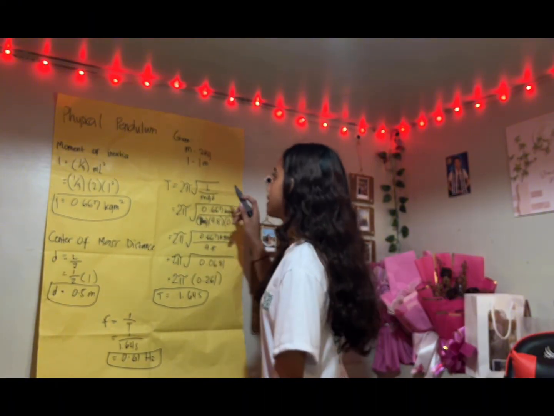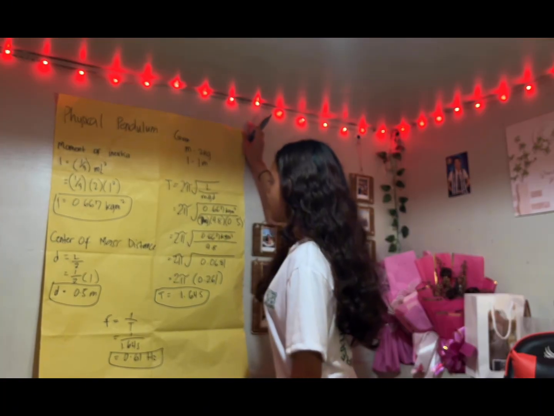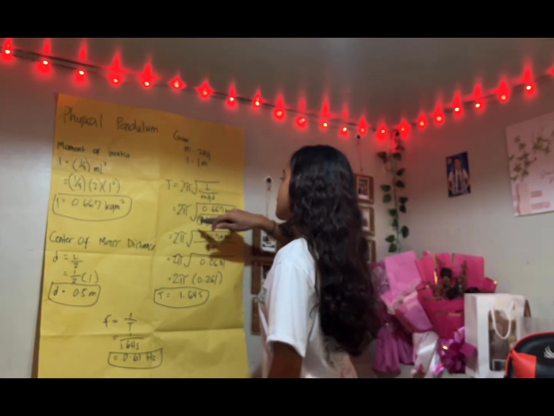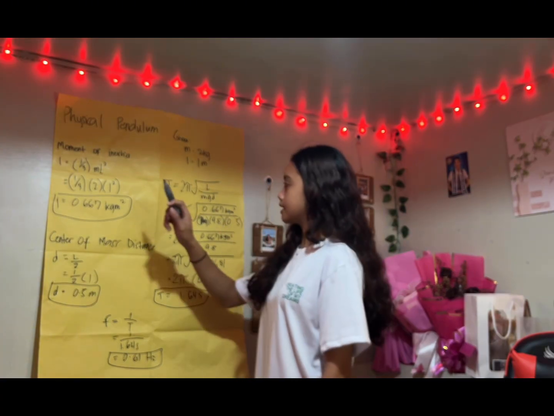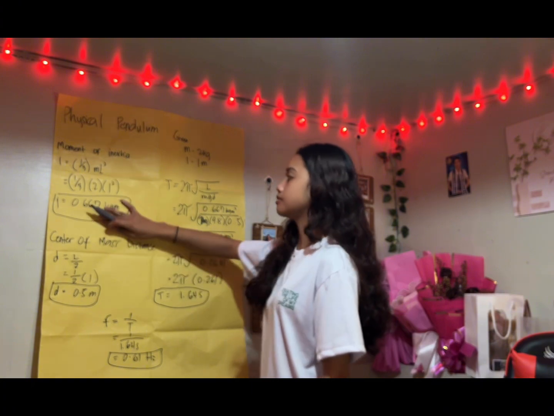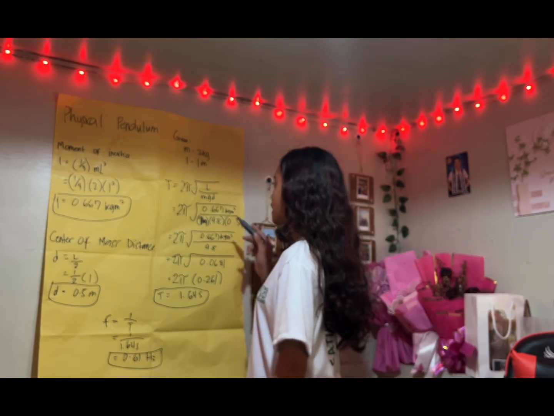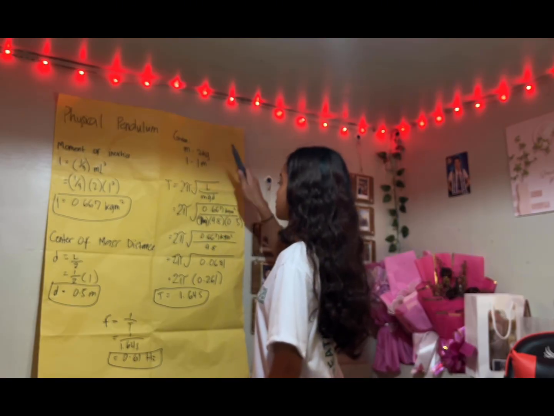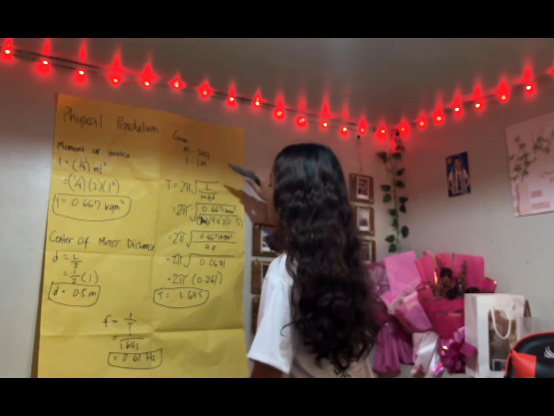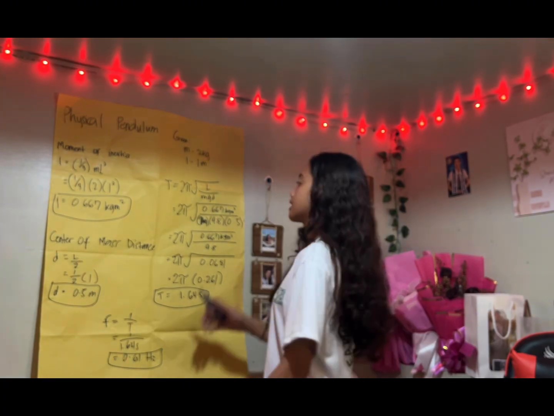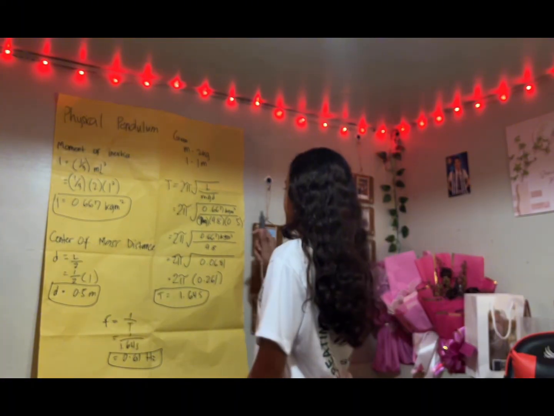This is the formula for the physical pendulum period. So 2 pi square root of I, which is 0.6667 kg m squared, over mgd, where m is 2 kg, g is 9.8 meters per second squared, this is the gravity, and d is 0.5 meter.